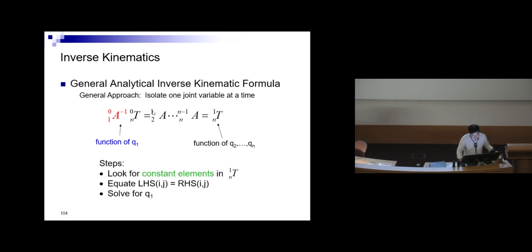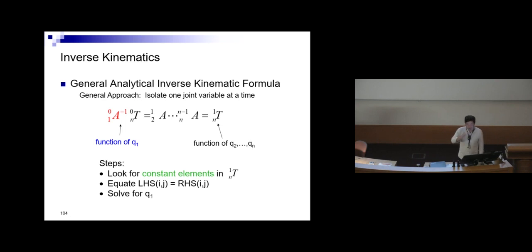So I will end up starting with 1,2A, and then 2,3A, and so on. 1,2A multiplied by 2,3A and so on is essentially 1nT, which is a function of q2 to qm, and this is a function of q1. So you look at the two-sided matrix, look for the constant element in 1nT, equate the left and right hand side, and then solve for q1.